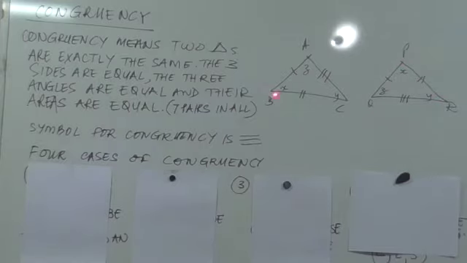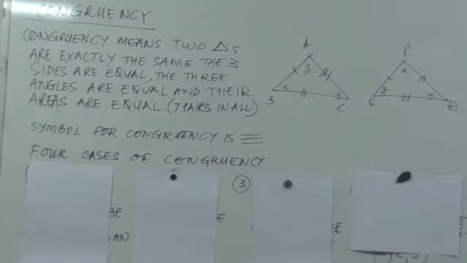In other words, when we label triangles in congruency, we label them in a certain order. The first one you label anyhow you like, A, B, C. But when you said A, B, C, you actually moved from Z to X and then to Y. So in the second one, you'll have to move from Z to X to Y. Therefore, the name for the second one will be Q, P, R. All right.